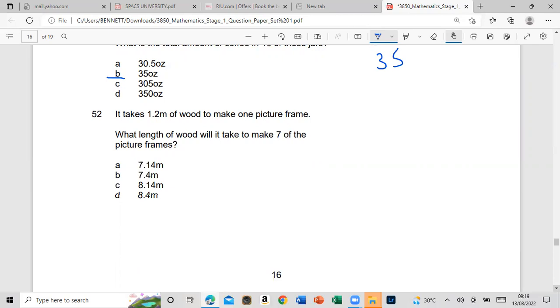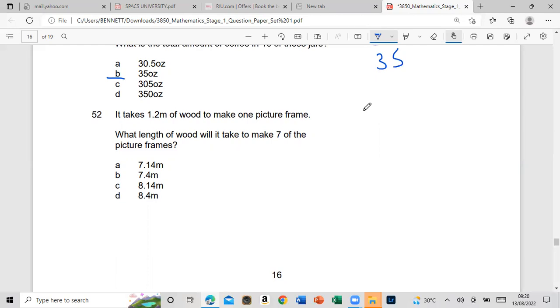It takes 1.2 meters of wood to make one picture frame. What length of wood will it take to make 7 of the picture frames? So 1.2 for 1, and you're making 7.